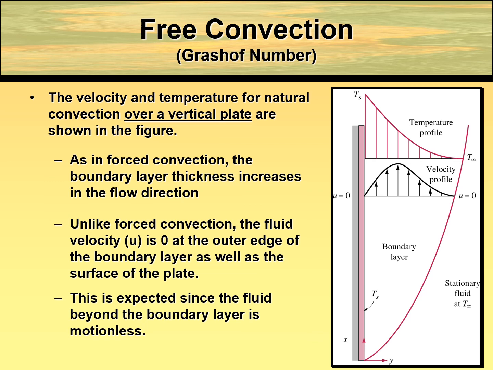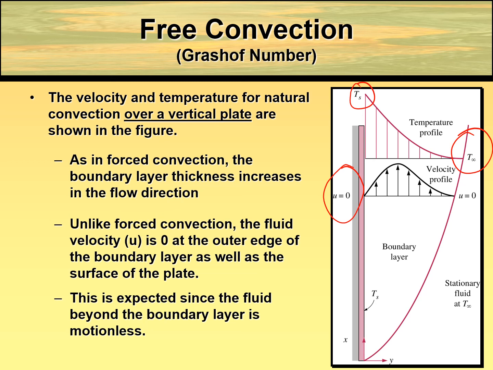So the temperature profile goes from the hot plate, which has a high temperature, to the free stream temperature, and the volume expansion will vary inversely with this temperature profile.